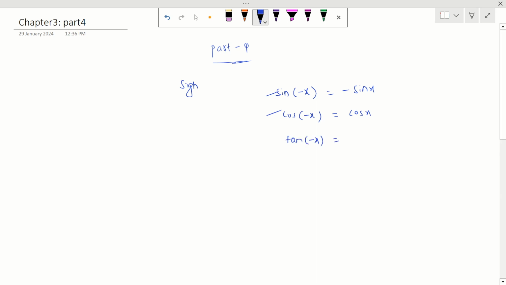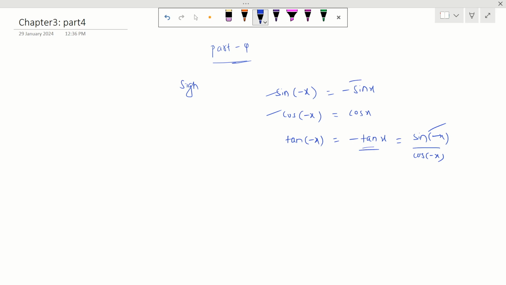Tan of minus x is minus tan x. Why? Because tan is the ratio of sine of minus x to cos of minus x. Here sine of minus x is negative, therefore this term is negative.